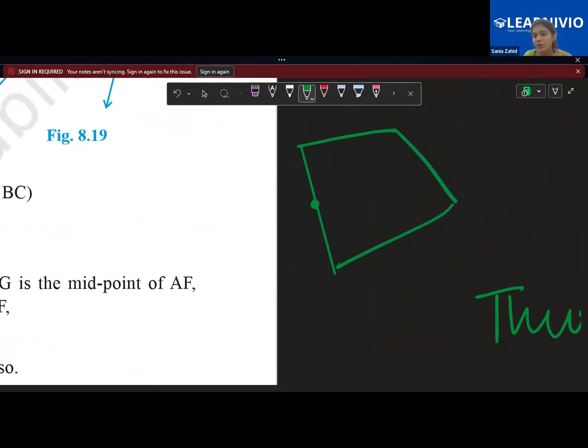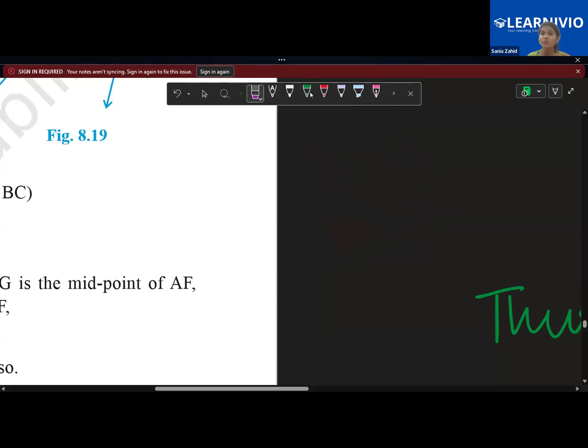This is the midpoint, this is the midpoint, this is the midpoint, this is the midpoint. When I join its midpoints, I will get a parallelogram. It can be a square, a rhombus, or a rectangle, it can be anything, but it will be a parallelogram. Understood this? So learn these small things from every question.